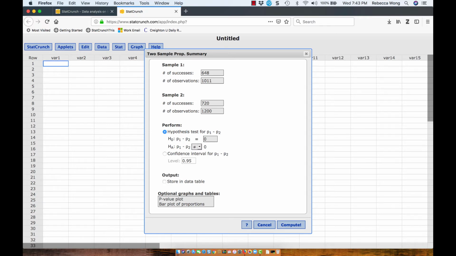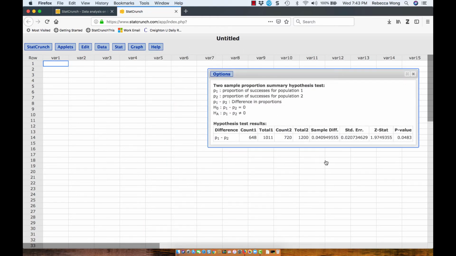We're conducting a hypothesis test, and here we'll confirm the sign in our alternative hypothesis is a not equal sign, and we'll compute. And we receive our test statistic and p-value here. So we have a test statistic of 1.97 and a p-value of 0.048.